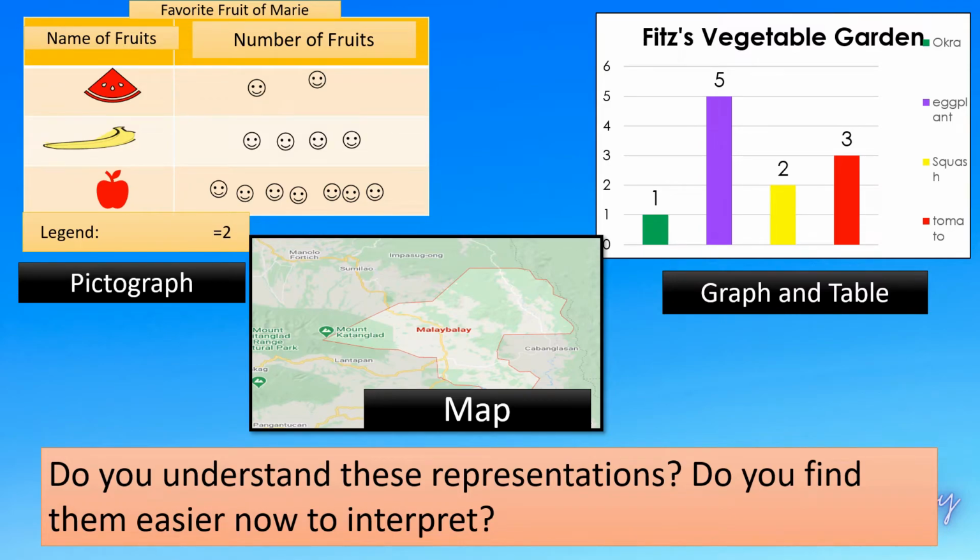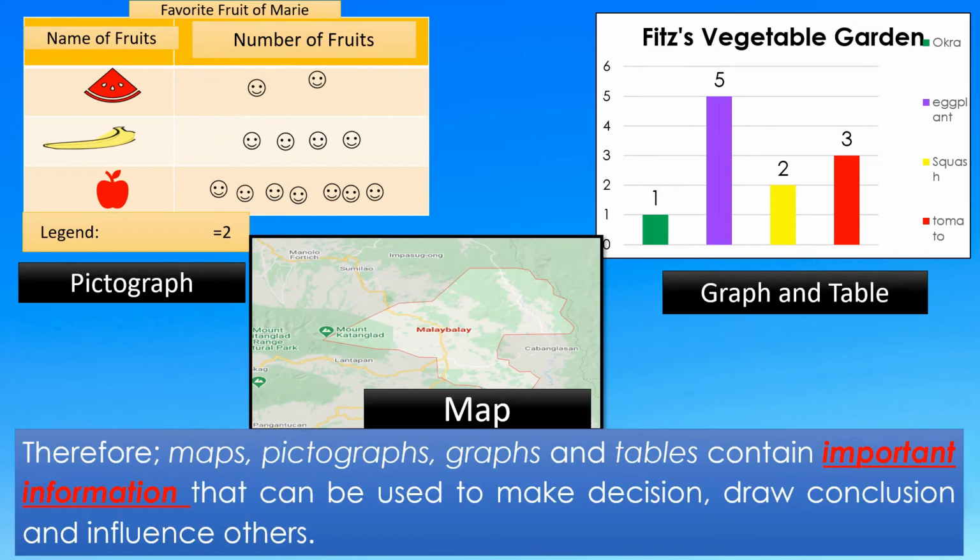Do you find them easier to interpret? If your answers are yes, then kids, you are now becoming skilled readers. Therefore, maps, pictographs, graphs, and tables contain important information that can be used to make decisions, draw conclusions, and influence others.